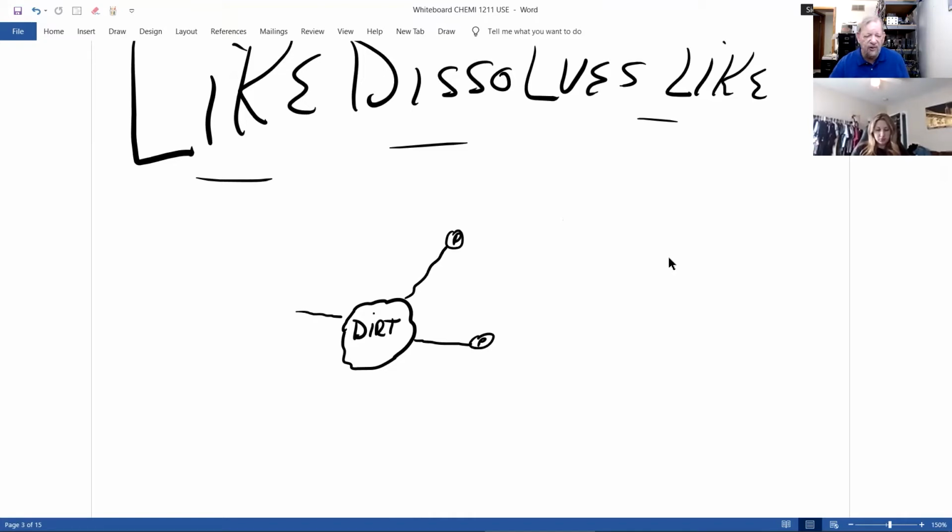Now I'm just going to do a few soap molecules, but this surrounds the dirt totally, all 360 degrees in a sphere. And we call this, which you should know, a micelle. And now the dirt particle, the outer part, is surrounded by polar heads.